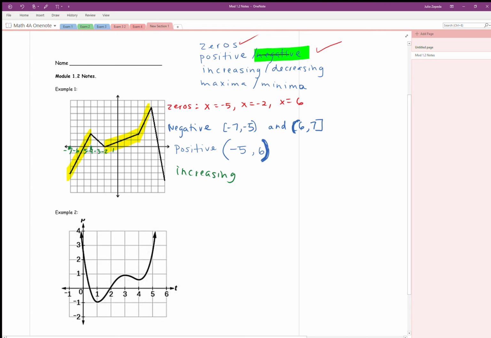And this time we're going to include the endpoints -7 and -4, since it is increasing all the way up until that point. So we're going to say it's increasing from -7 to -4. Okay, then it's increasing again from 2 all the way up until, see, 1, 2, 3, 4, 5.